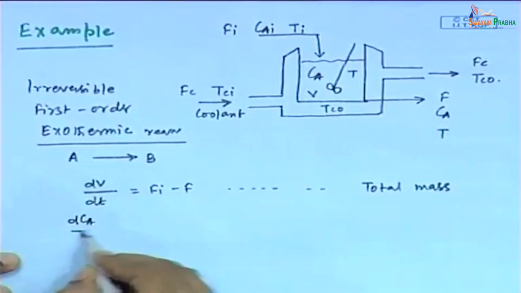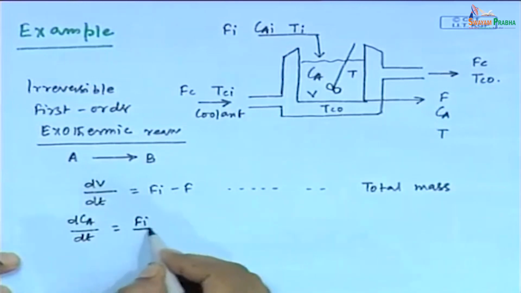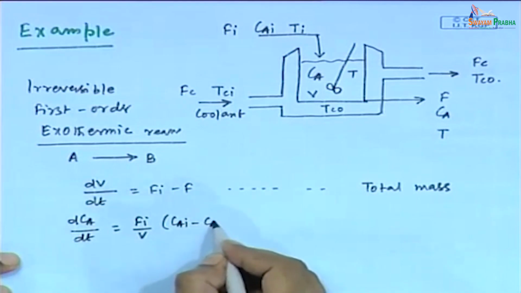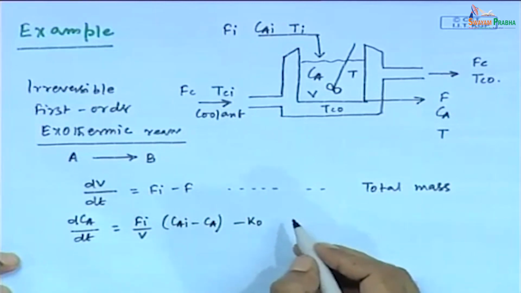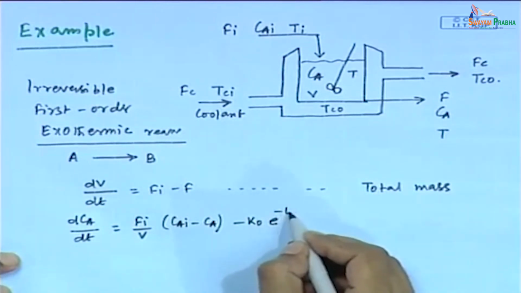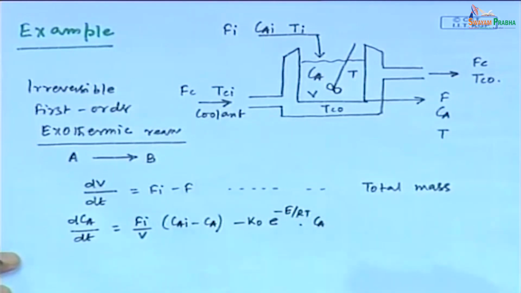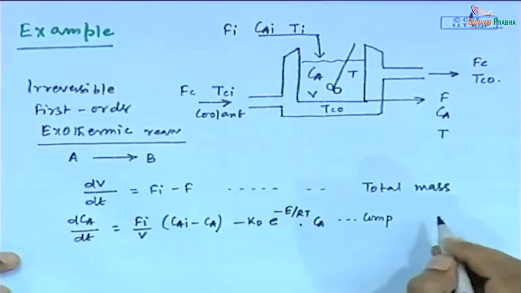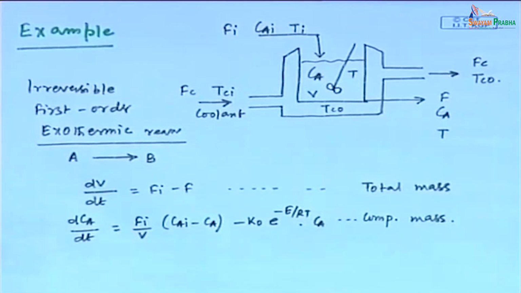Considering component mass balance, we got dCA/dt equal to Fi divided by V times (CAi minus Ca) minus k naught exponential of minus E divided by RT into Ca. This equation we got considering component mass balance, fine.